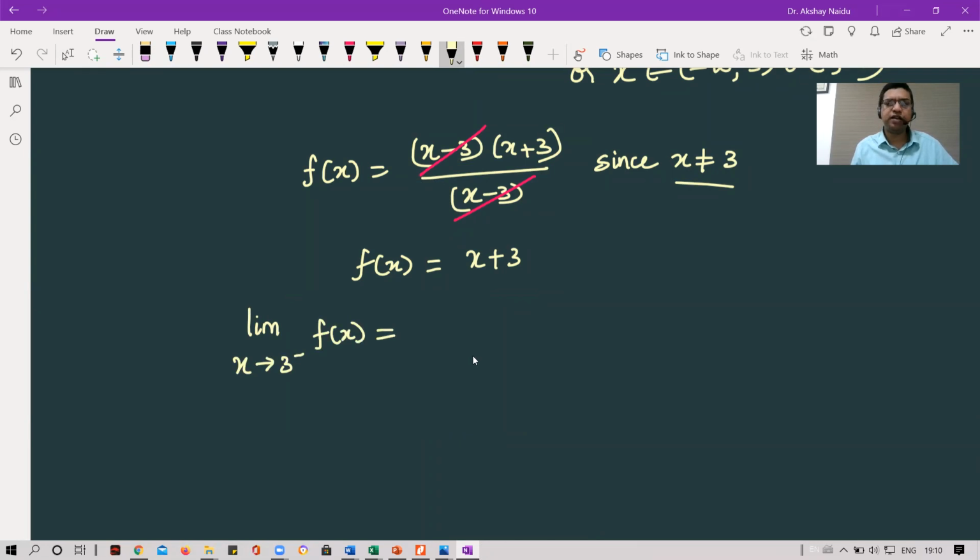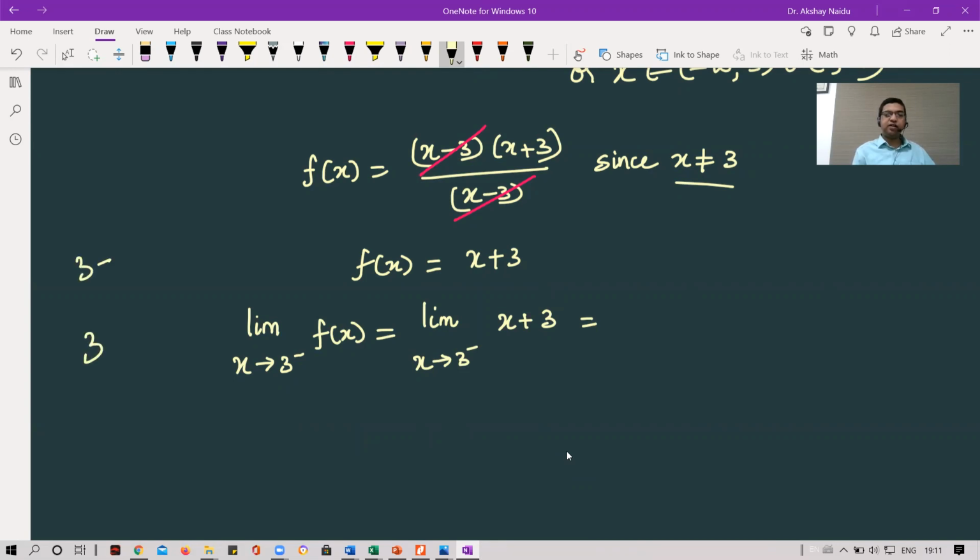0, sir. Why will it be 0? 3 minus 3 is 0 only, no, sir. It is not 3 minus 3. It is a number approaching 3. This is not 3 minus.